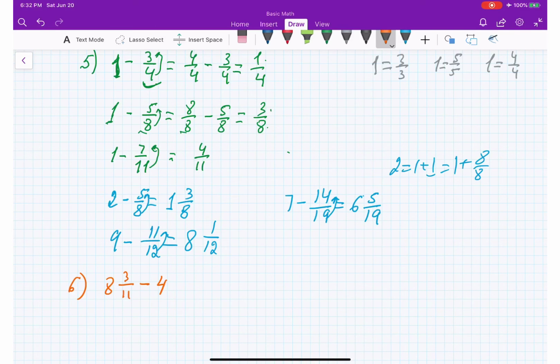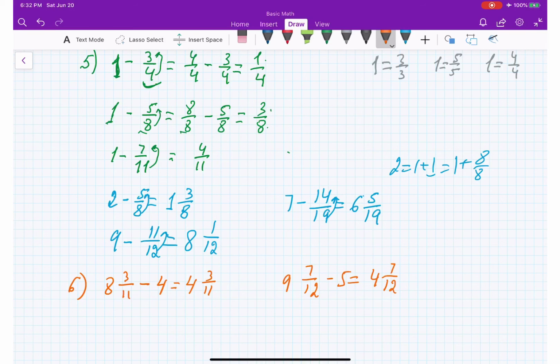In this case, when we have a mixed fraction and subtract a whole number, you don't do anything else, but 8 minus 4 is 4, and 3 over 11 moves right next to it. One more, let's say 9 and 7 over 12 minus 5. So 9 minus 5 is 4, and 7 over 12 moves right next to it.